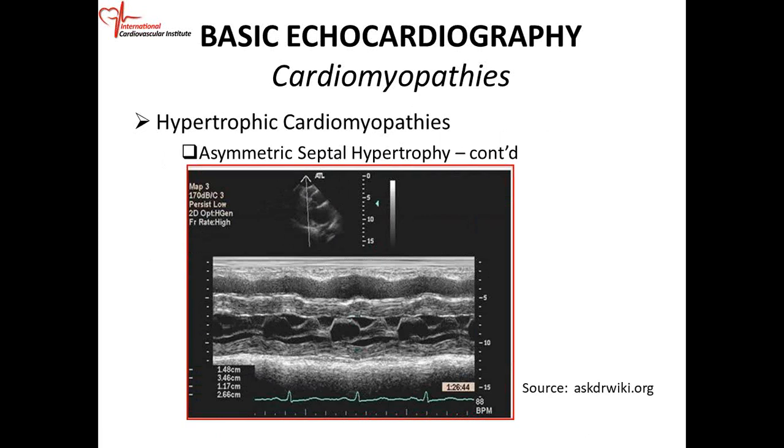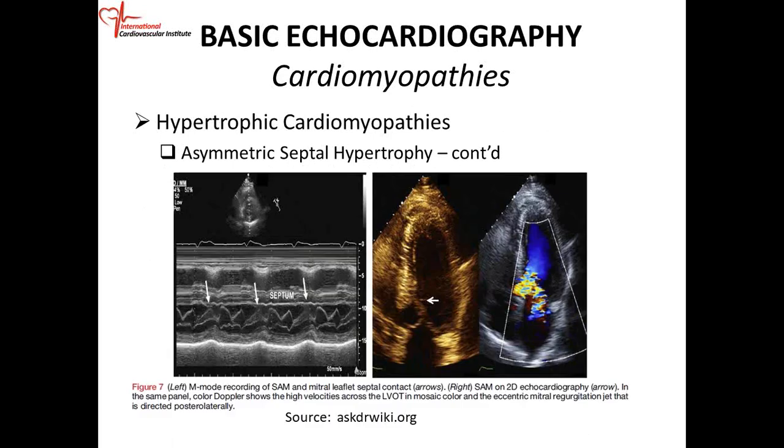So you can make your assessment. You can see the septum is very thickened. This is what we call SAM. This is your apical 4 or 5 chamber view. But in systole, the mitral valve moves towards the left ventricular flow tract, obstructing it.